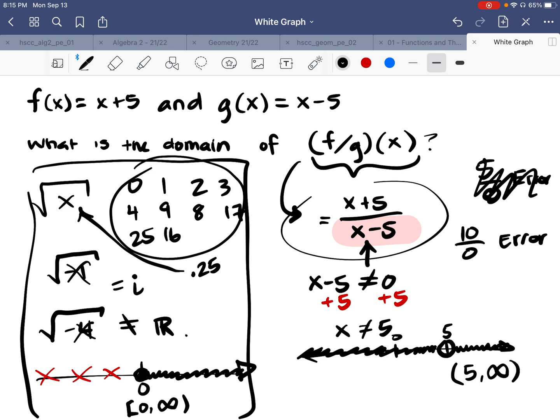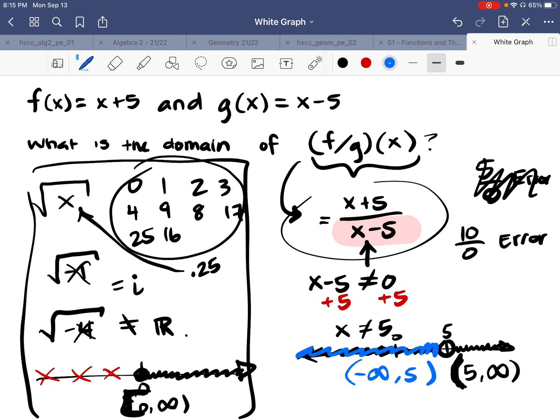But notice that I put a parenthesis here, as opposed to a bracket. When you have a bracket, you're saying you can equal that number. When you put a parenthesis, you're saying you can't equal that number. But this only gives me the right side of the number line. On the left side, I have negative infinity all the way to 5.